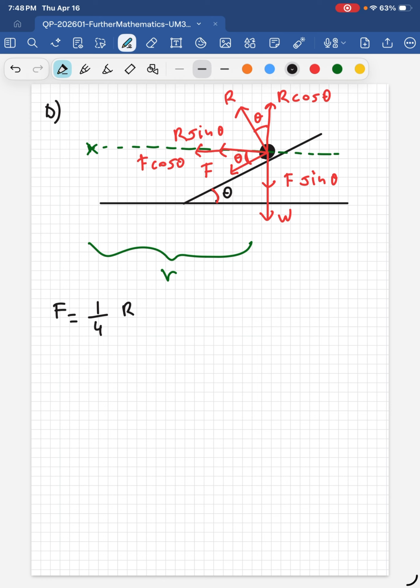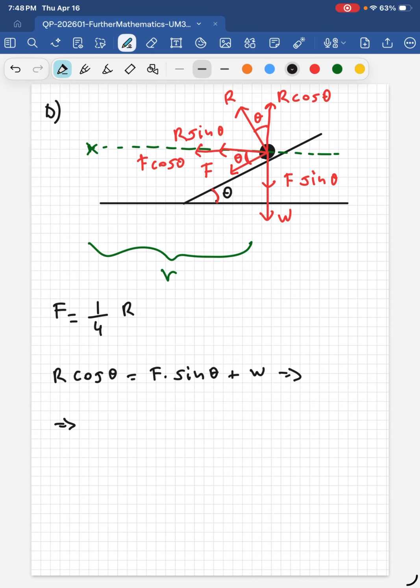And now the equations of motion are as follows. In the y direction we have balance again because the motorcycle is not moving up and down. So R cosine theta is equal to the friction times sine theta plus the weight.